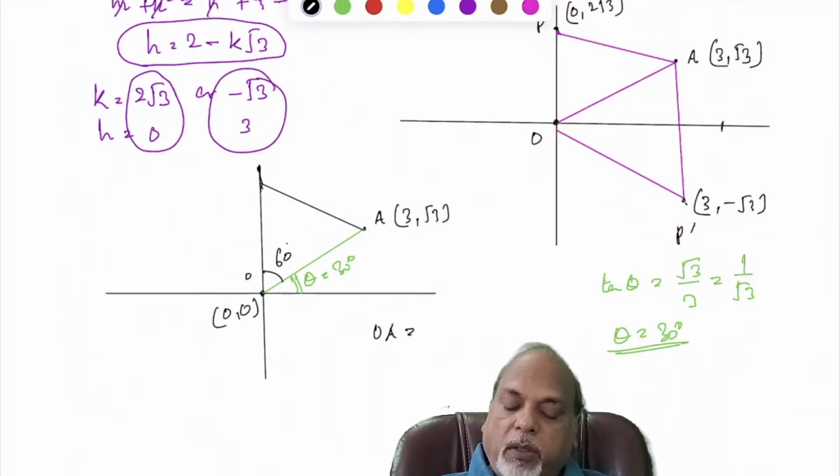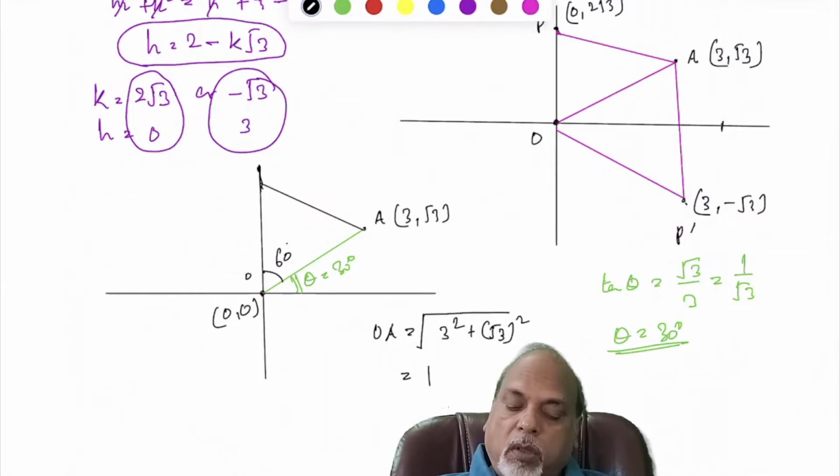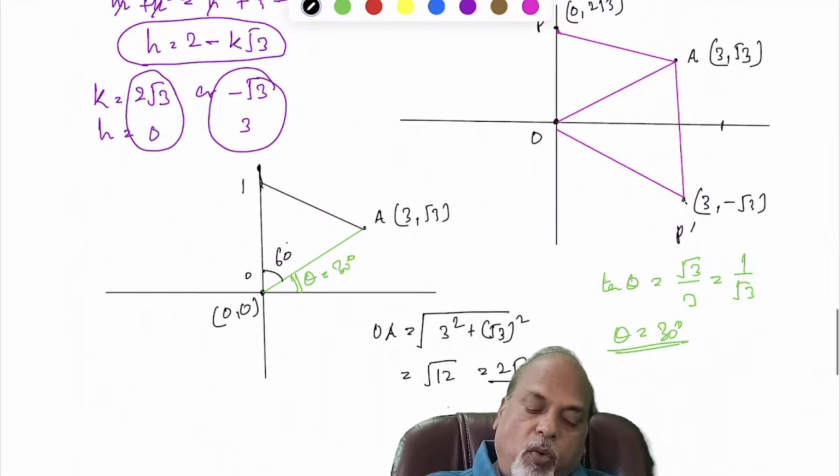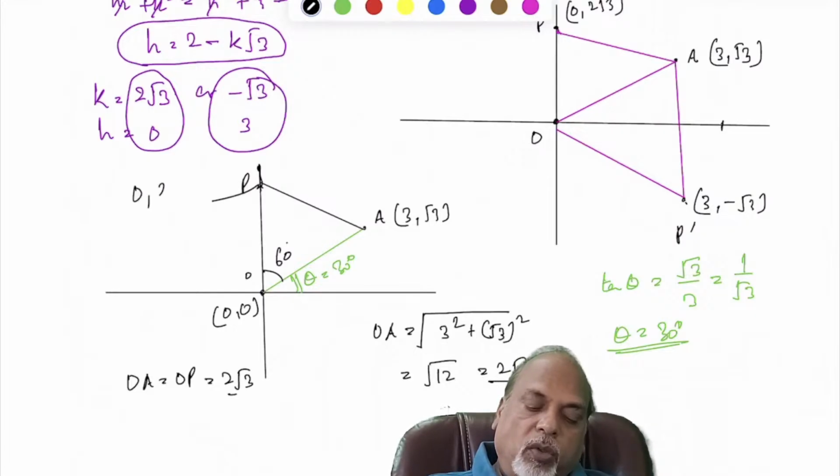OA is nothing but root 3 square plus root 3, that means 9 plus 3, that is root 12 or 2 root 3. Correct? OA is equal to OB. Sorry, OA is equal to OP. That means 2 root 3. That means this point has to be 0, 2 root 3, which is your first point.